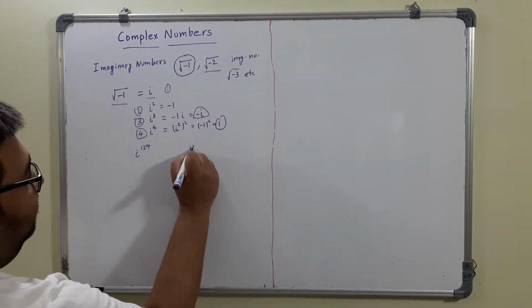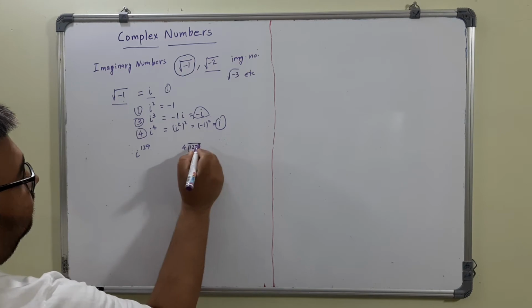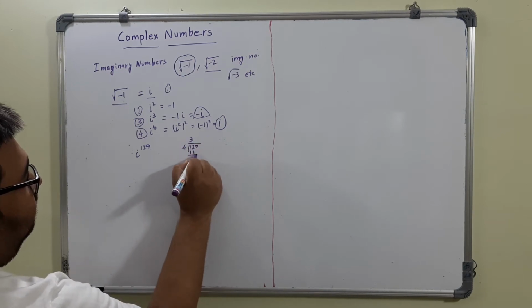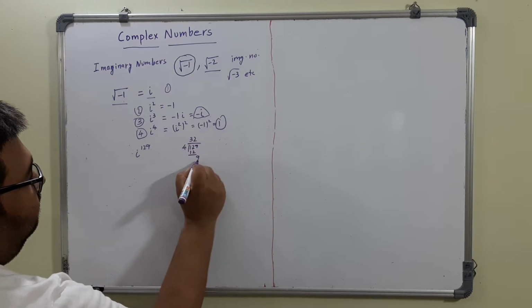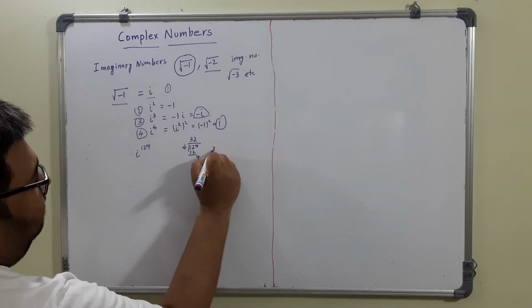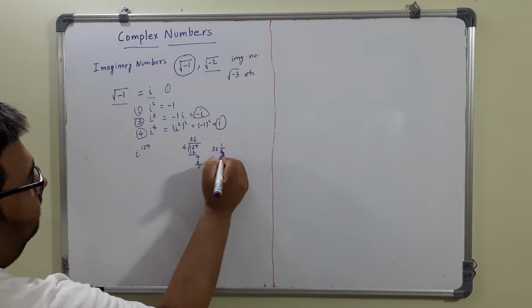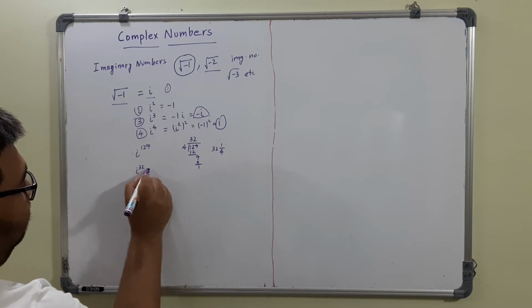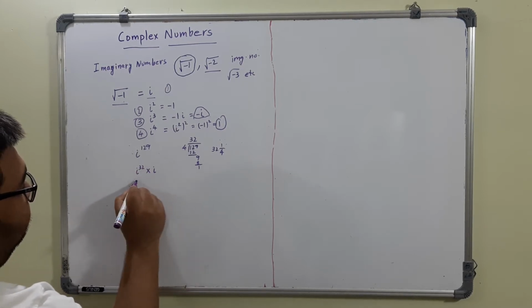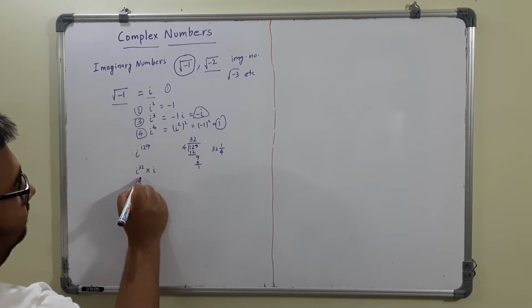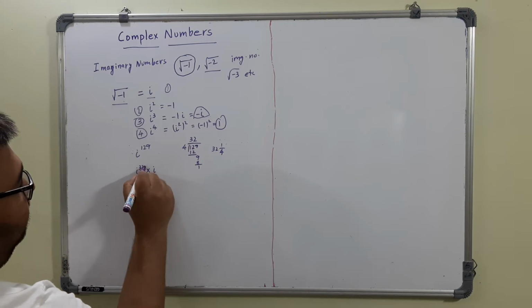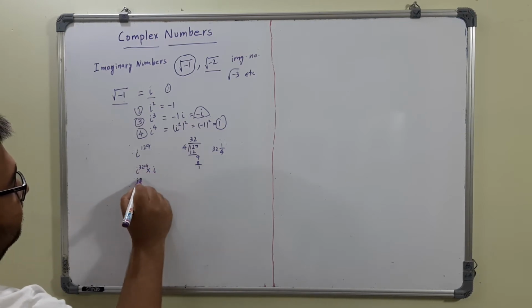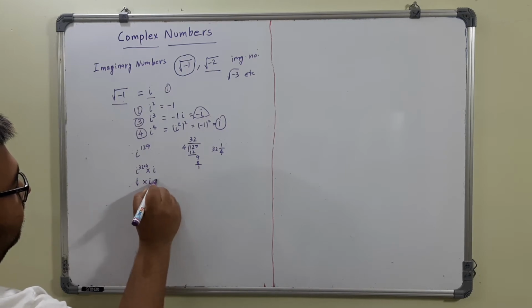When we divide 129 by 4, that's 32 remainder 1. So this equals i to the power 32 times 4 into i, which becomes 1 into i, equals i.